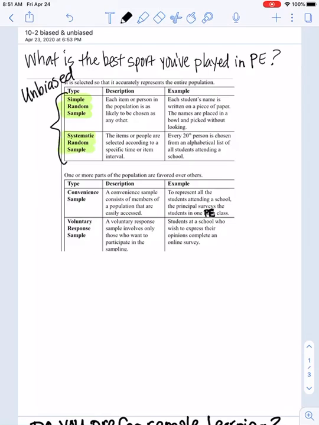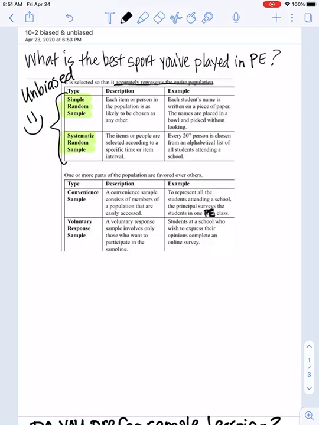Okay, and unbiased samples are a good thing, and the reason why is because they accurately represent the entire population. So we would say that those results are valid or that they're true.